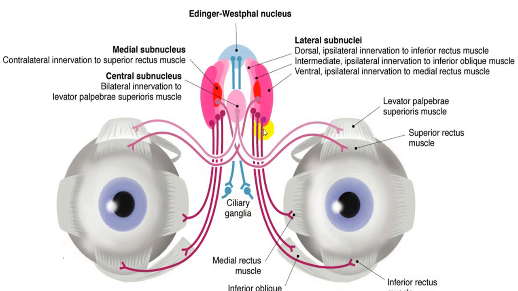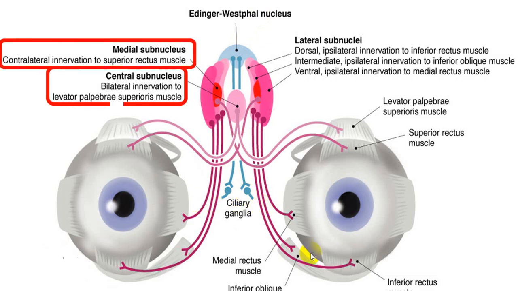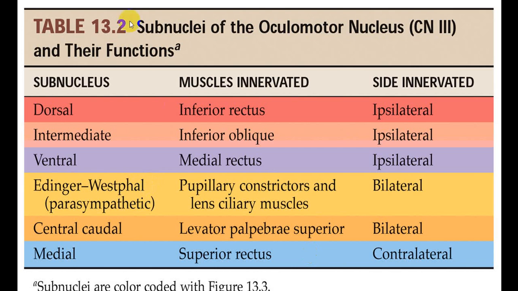Do remember that it will be innervating both sides, right as well as left. The inferior rectus, inferior oblique, and medial rectus will be innervated by the same side. The Edinger-Westphal nucleus innervates bilaterally the ciliary muscle as well as the pupillary constrictor fibers, or circular fibers, and this is parasympathetic control.